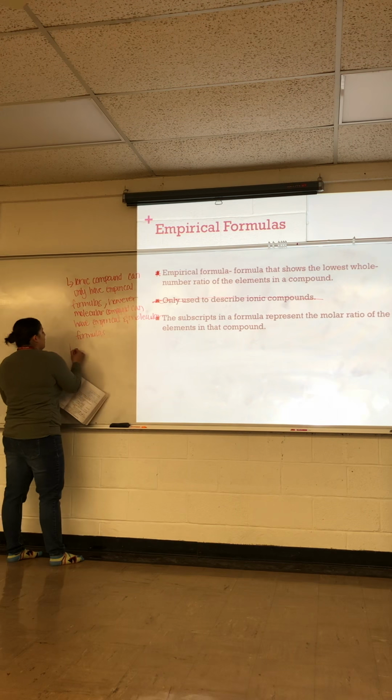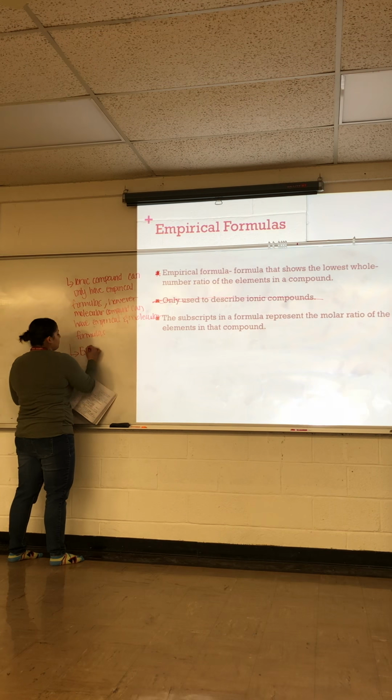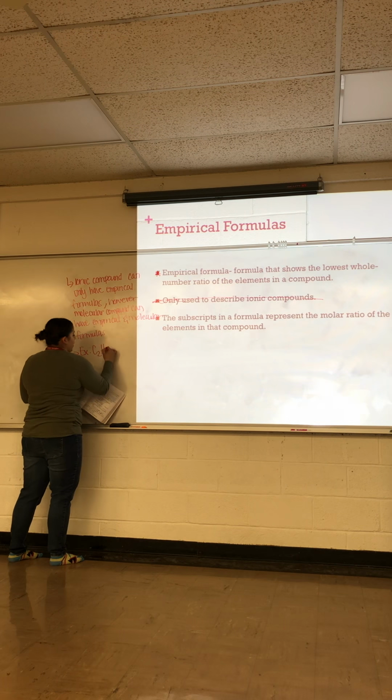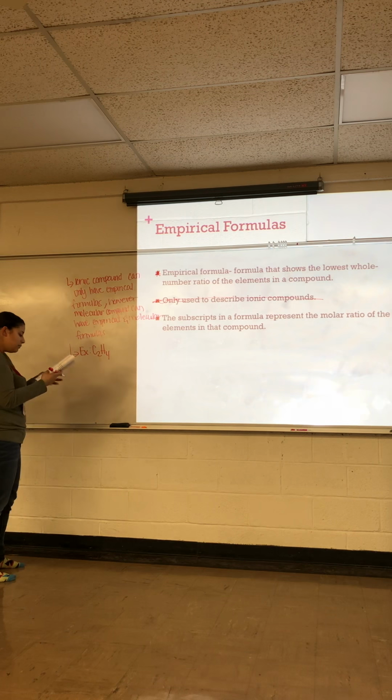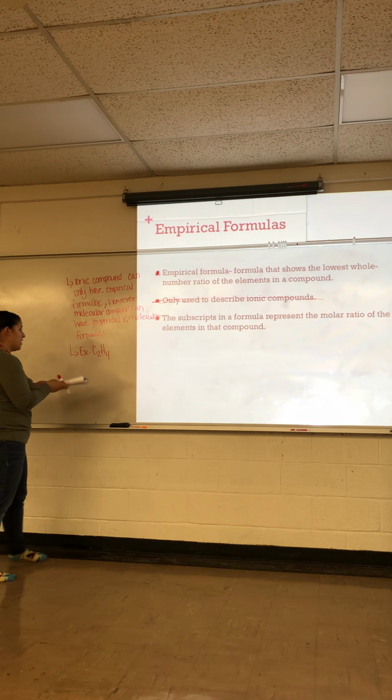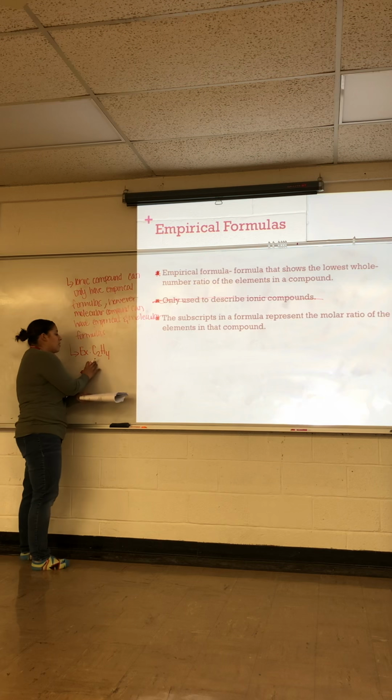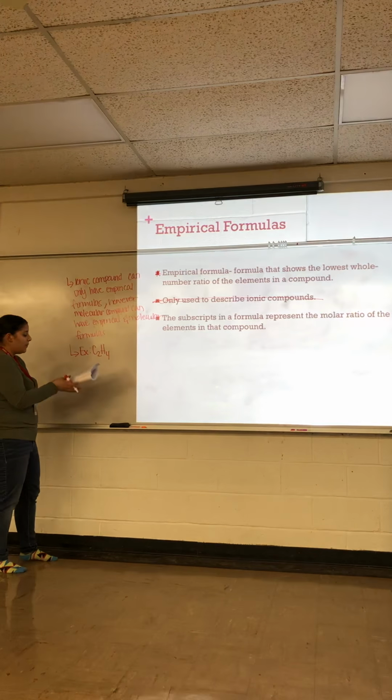An example of a molecular formula is C2H4. We know we need 2 carbon for 4 hydrogen to make this particular molecule. But the empirical formula is a little bit different.